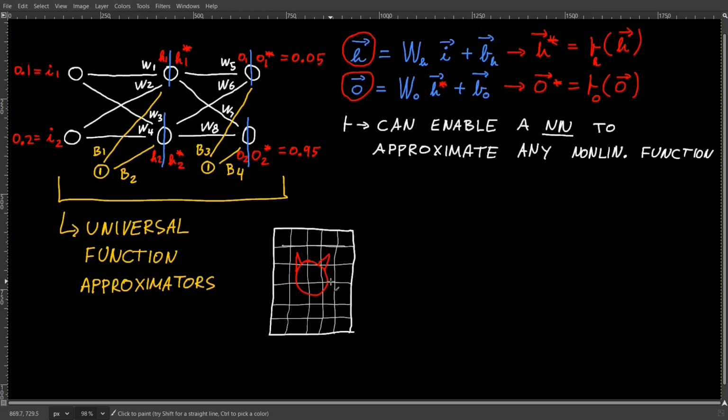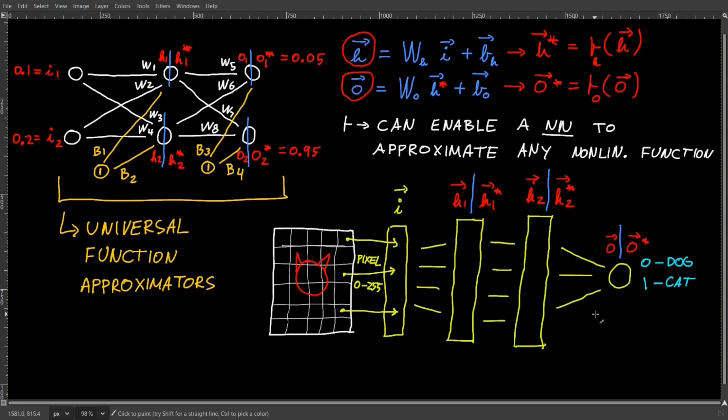If you have pictures of dogs and cats, and your inputs are pixel intensities, that for instance in a grayscale image would be between 0 and 255, then you want your network to properly map these pixel intensities to the right animals. You want to train the weights and biases of the network so that it learns to differentiate between dogs and cats. And so, the activation function should enable the network to approximate any relationship you throw at it.